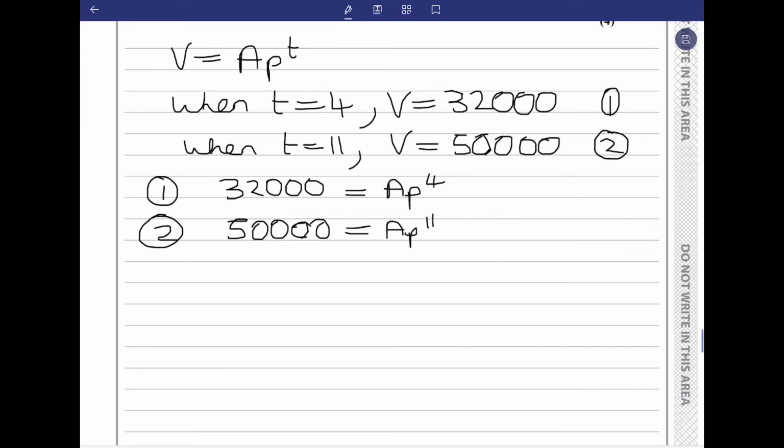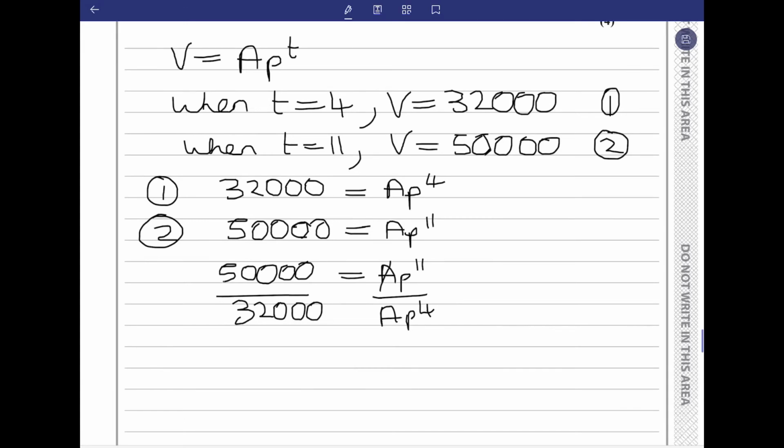Now we're asked to find P here. So the easiest way to do this is to divide the second equation there by the first equation. So let's go ahead and do that. So we get 50,000 divided by 32,000 equals A P to the 11 over A P to the 4.